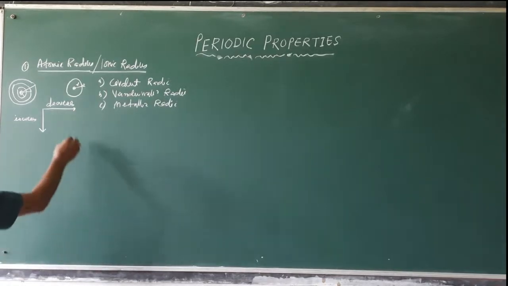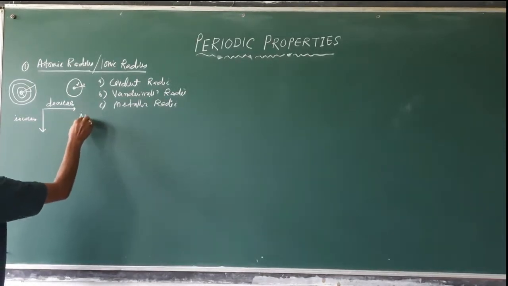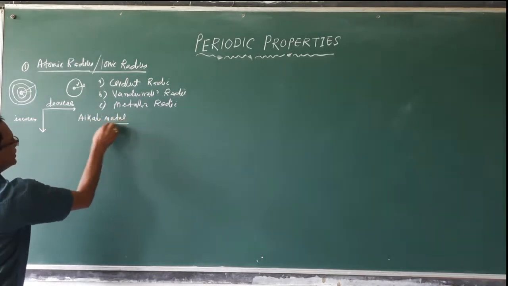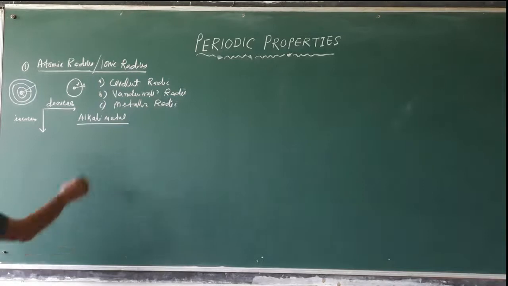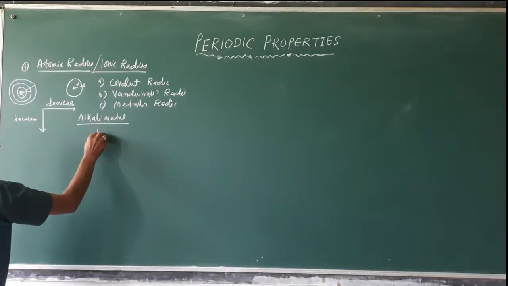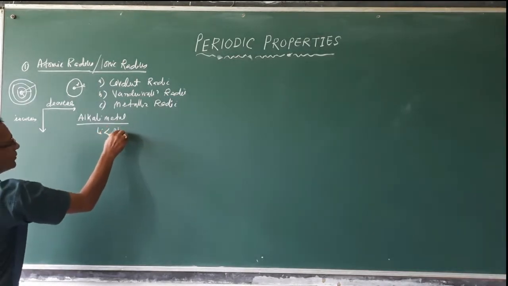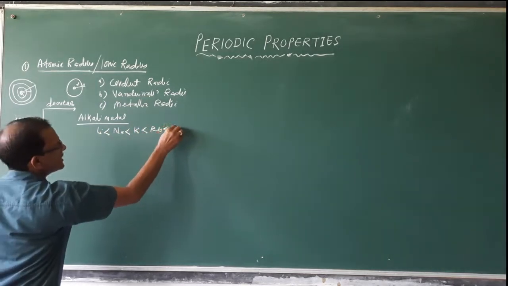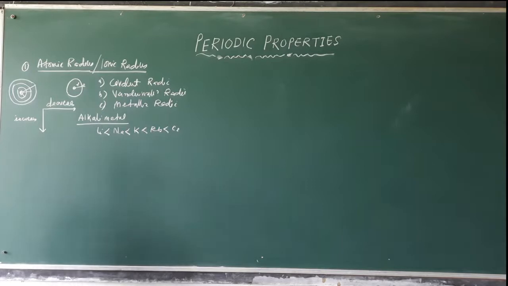For example, take the alkali metals. The order of size is lithium less than sodium, less than potassium, less than rubidium, less than cesium, then francium.